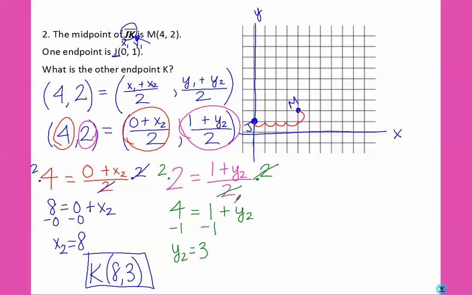So to get to the next coordinate, I'm going to go over 4 boxes and up 1. That must be where K is. Is that the same coordinate that we came up with by solving? 1, 2, 3, 4, 5, 6, 7, 8, and 1, 2, 3.